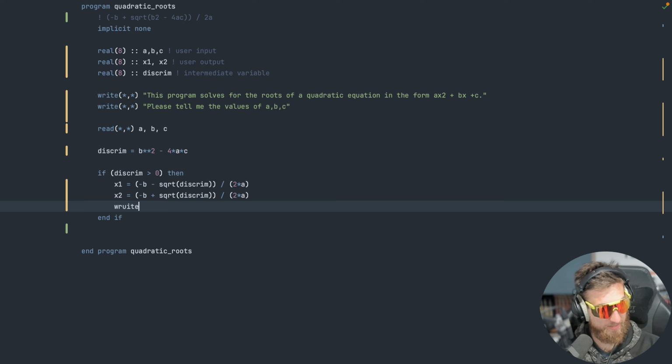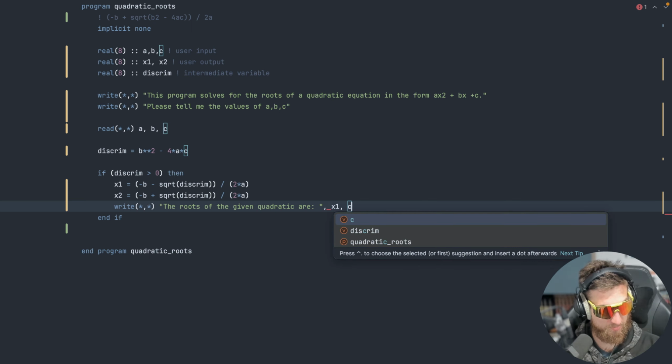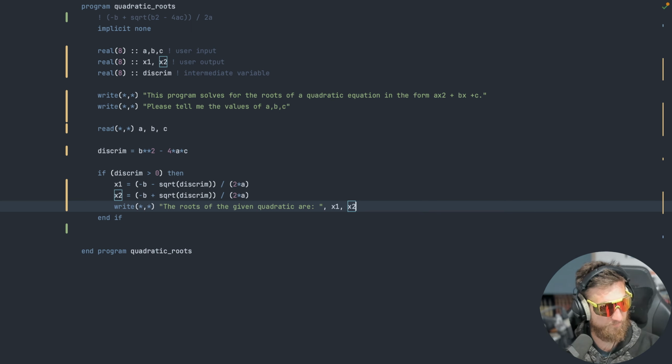And then let's just write that out: the roots of the given quadratic are x1, x2, cool.